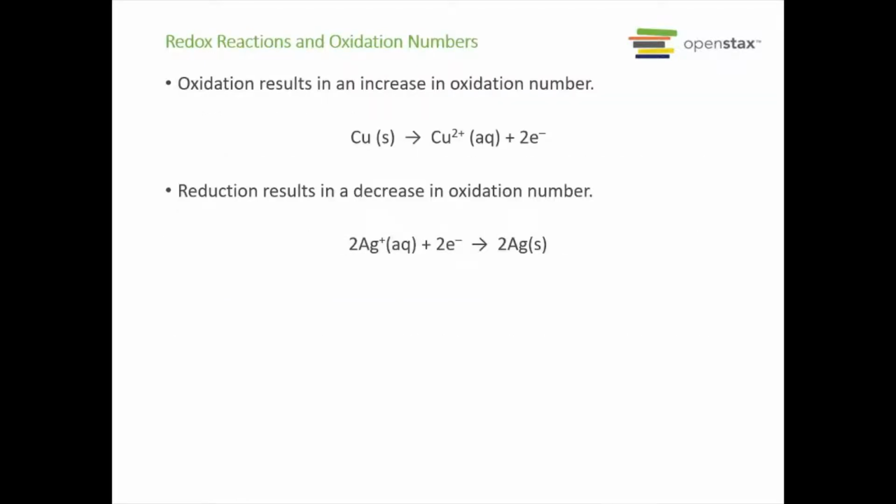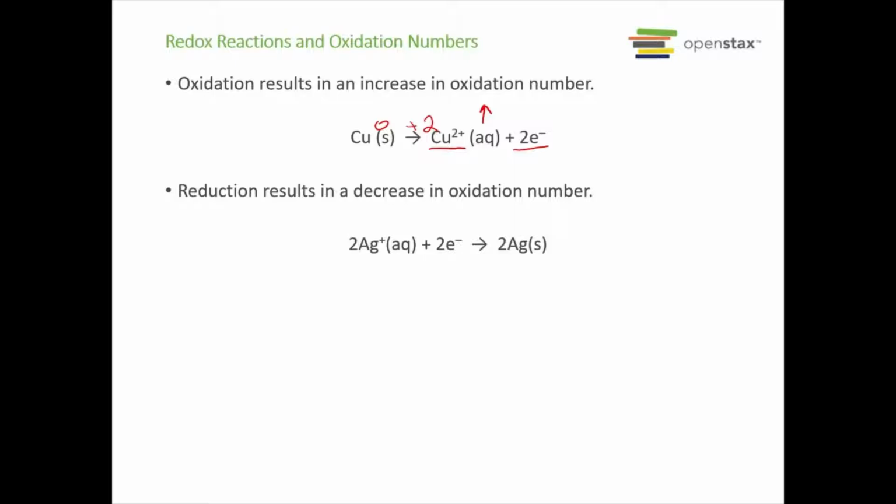So oxidation results in an increase in oxidation number. For instance, copper solid has an oxidation number of 0 since it's an elemental form, and it is going to copper 2 plus and 2 electrons. So it's oxidized, it's losing electrons, and its oxidation number goes from 0 to plus 2. So its oxidation number goes up.